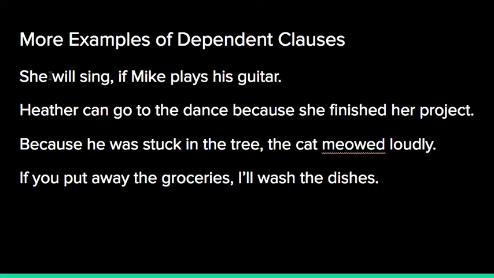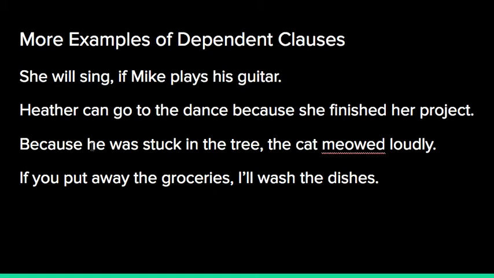So that means she will sing has to be an independent clause in order for the sentence to make sense. If we just separate it off, if Mike plays his guitar, we could just read she will sing, and that would be a complete sentence. But if we read, if Mike plays his guitar, that makes no sense because we don't know what will happen.